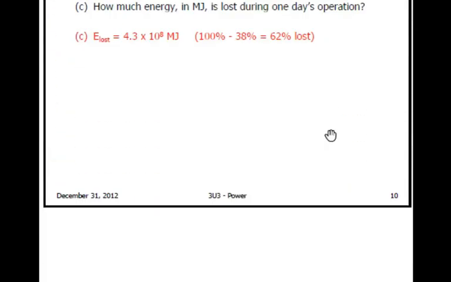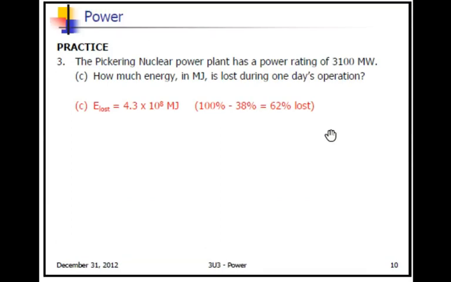And lastly, how much energy in megajoules is lost? Well, we'd have to subtract those two. You could also just find 62%. So let's do it this way.